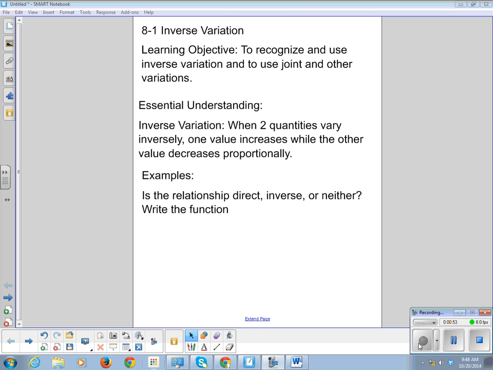We're going to do the example where we take a look at a little XY table and decide is the relationship direct, inverse, or neither. And we're going to write the function.